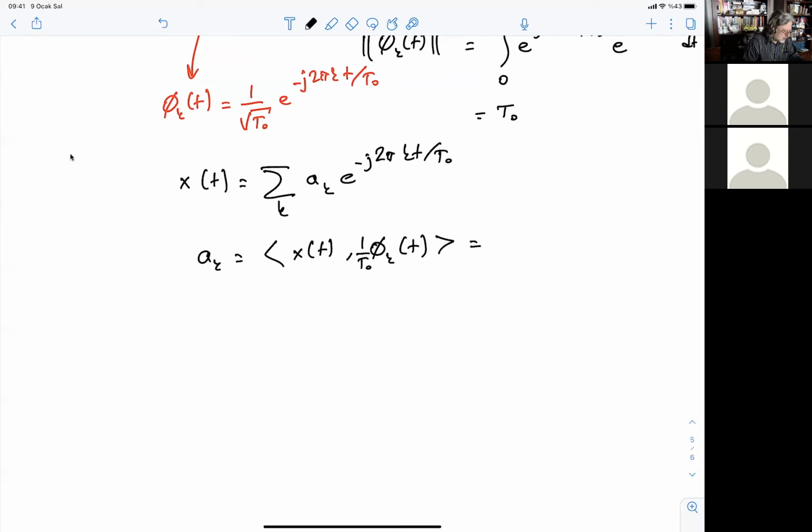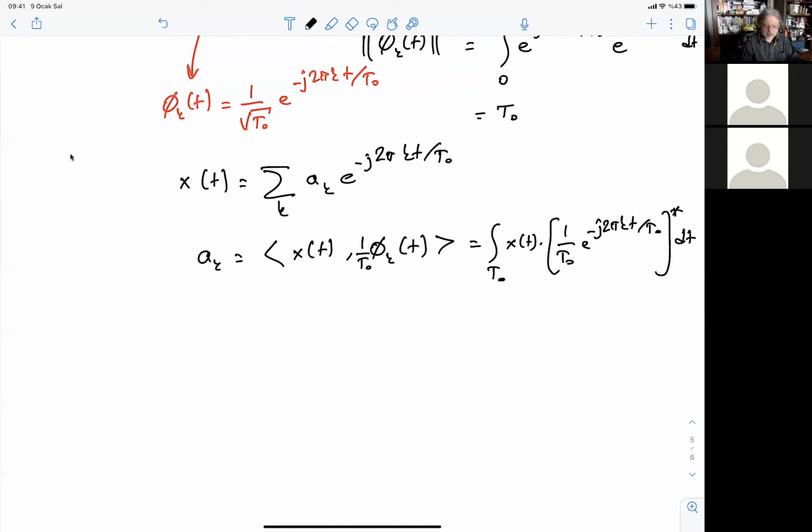The integration is within one period from 0 to T0, or within a duration of T0, whatever that duration may be. Its length must be T0. x(t) times 1 over T0 times e to the minus j 2 pi kt over T0, conjugate, dt.